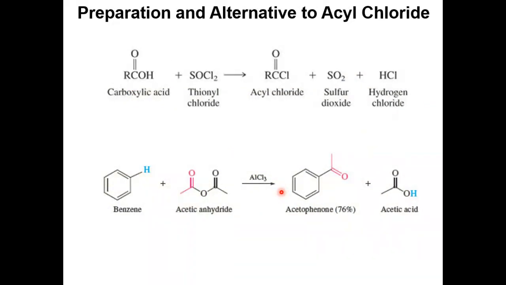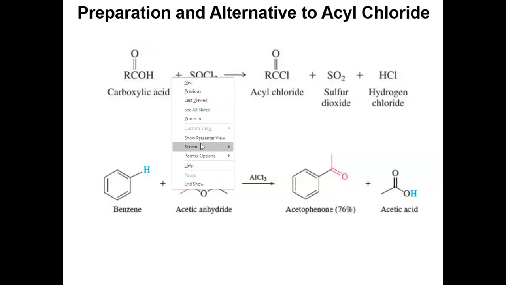How is the acyl chloride prepared in a laboratory? Almost always, an acyl chloride is prepared from a carboxylic acid. So what is a carboxylic acid? A carboxylic acid is a compound that features a carboxyl group. This is a carbonyl group, with the carbonyl carbon also bound to an OH group.